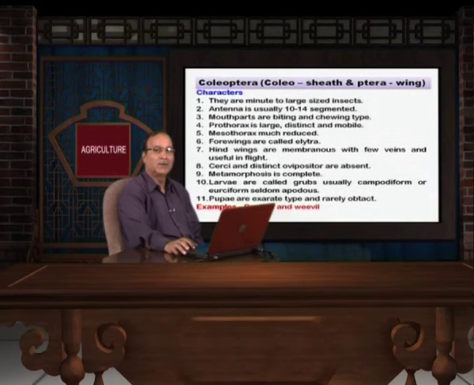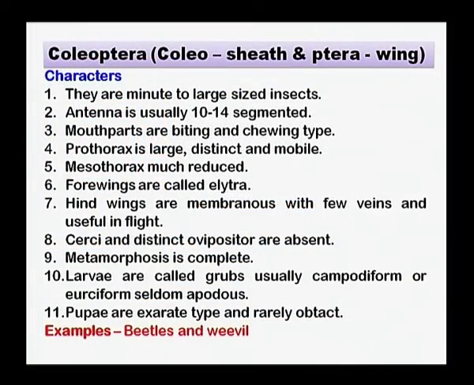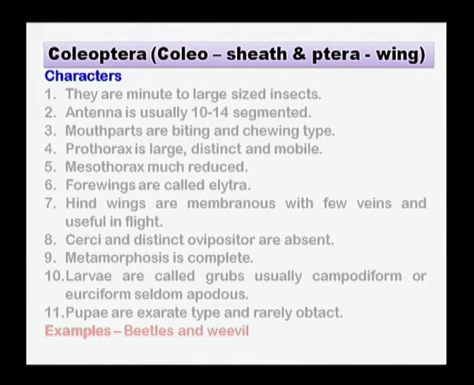Now coming to the first order, that is the Coleoptera. Coleo means sheath and ptera means wings. So the insects having sheath-like wings are collectively known as coleopteran insects. With regards to the characters, they are minute to large size insects.